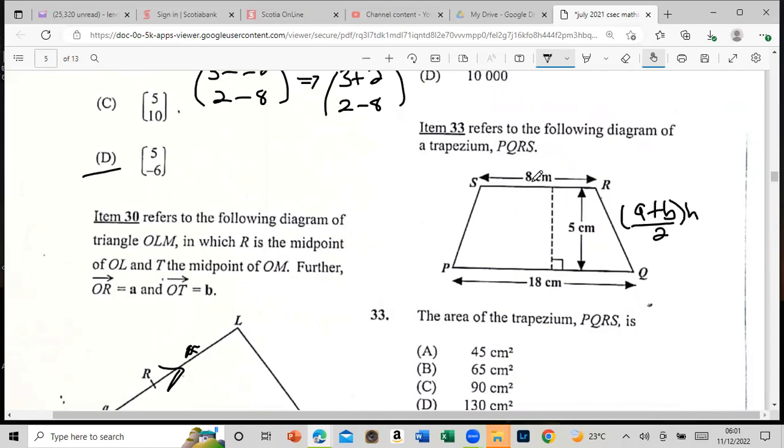Any side can be A, and the other side is B. So we add these: 8 plus 18, divide by 2, and then times by 5. 8 plus 18 is 26, divided by 2 is 13, times 5.